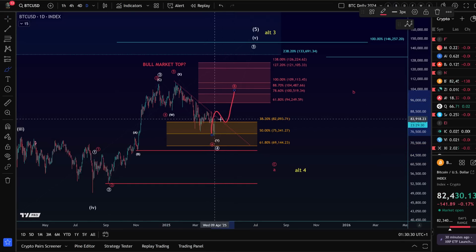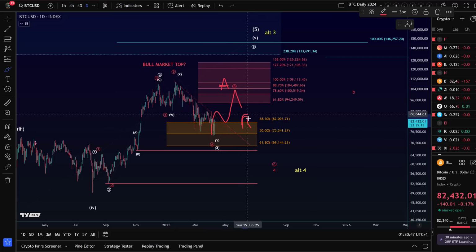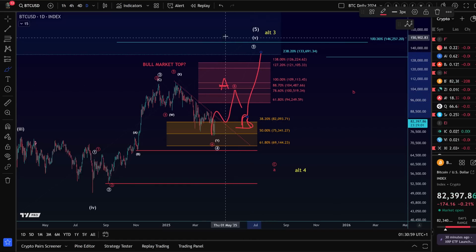Now that could be ABC of red wave B, which is the bearish scenario, or it's ABC of white wave A. Then we can get a B wave down. I'm talking about the white scenario, right? It would be the A wave of the white scenario. This would be the B wave pullback in the white scenario, and then we can get a C wave rally. So this would turn into a larger 3-wave move in the white scenario. In the red scenario, it's over after the next 3-wave rally.